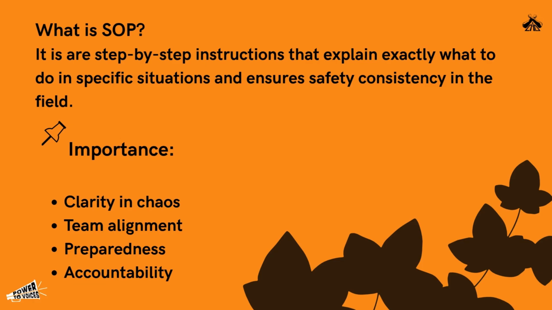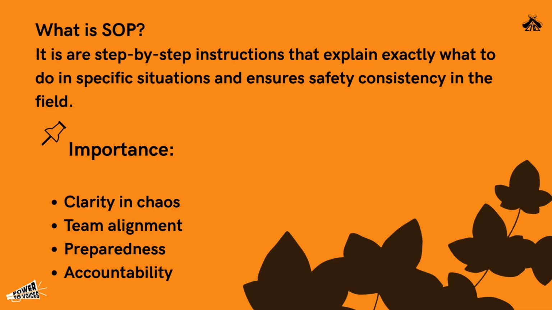SOPs make sure that everyone on a team knows their role, what to do, who to contact, and how to act, even under pressure. They provide clarity during chaos, help maintain team coordination, ensure preparedness, and promote accountability. In short, a well-crafted SOP can be the difference between confusion and coordinated action.